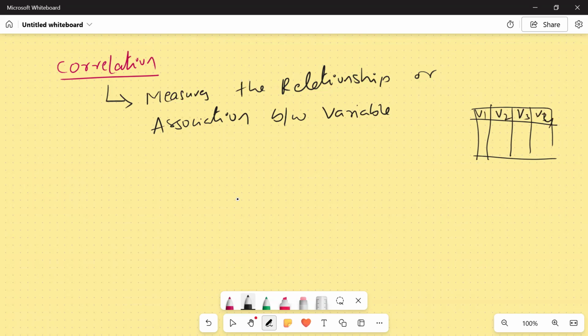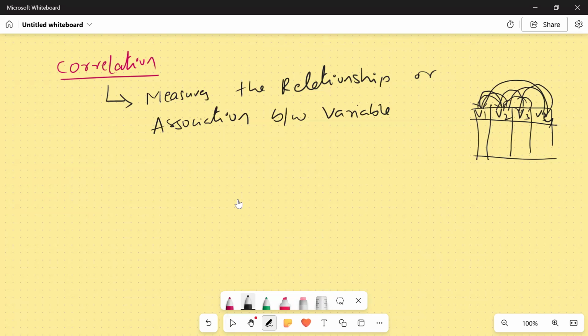I want to measure the relationship between V1 and V2, between V2 and V3, between V3 and V4, and so on. When I want to find the relationship between any two variables, we can use the correlation concept.